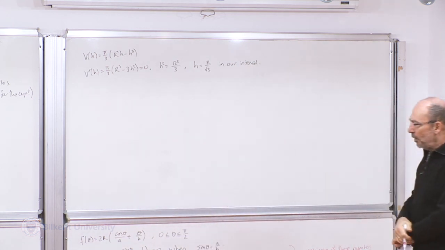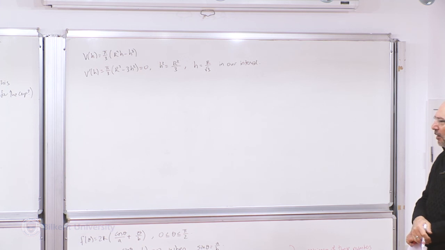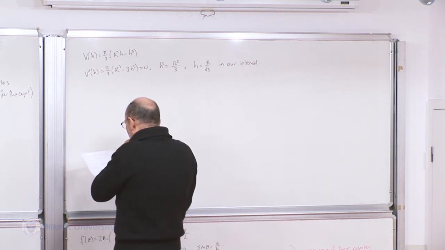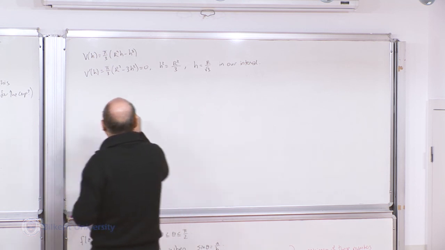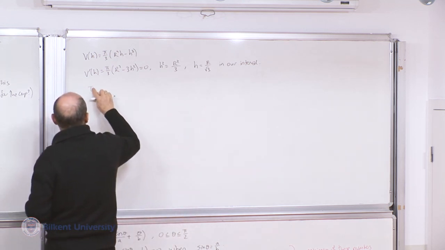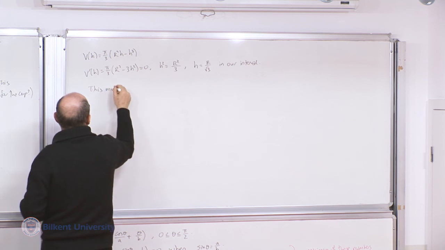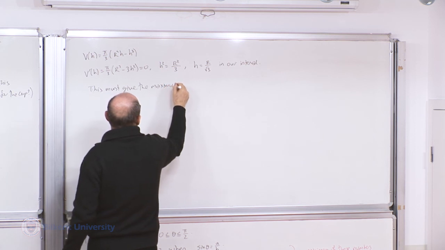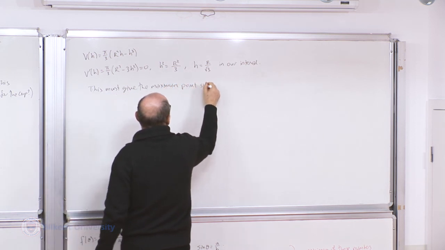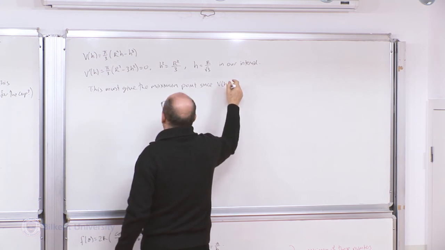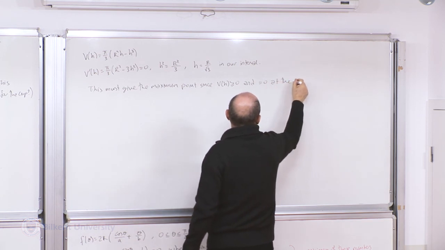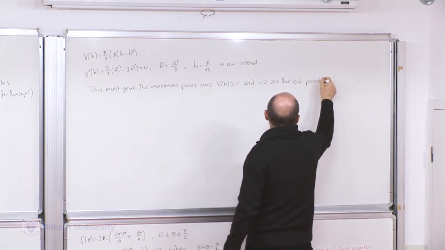Okay, so as we mentioned, we have now only one critical point, so it must be the maximum, because at the endpoints we get 0. So to double check, this must give the maximum point, since V(h) is always positive and equals 0 at the endpoints.